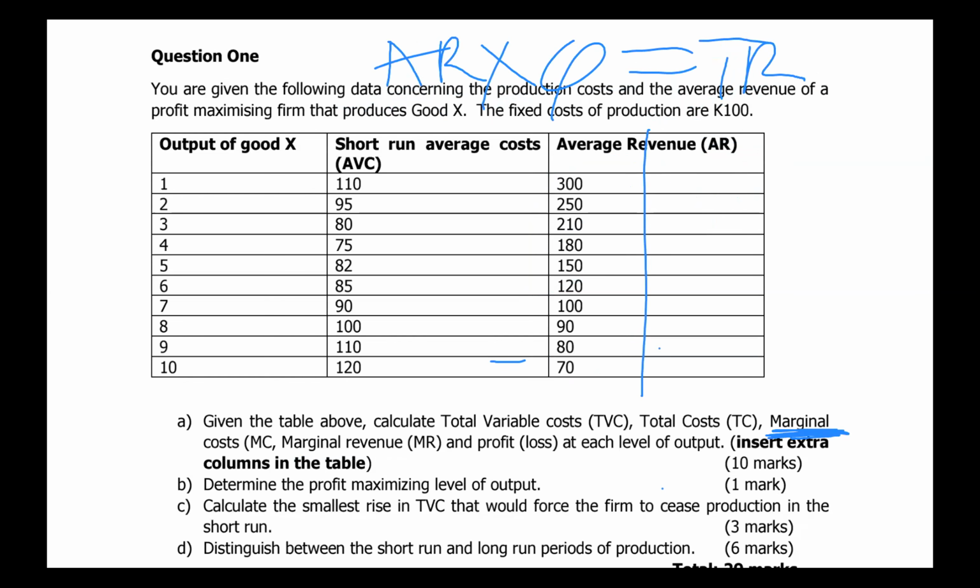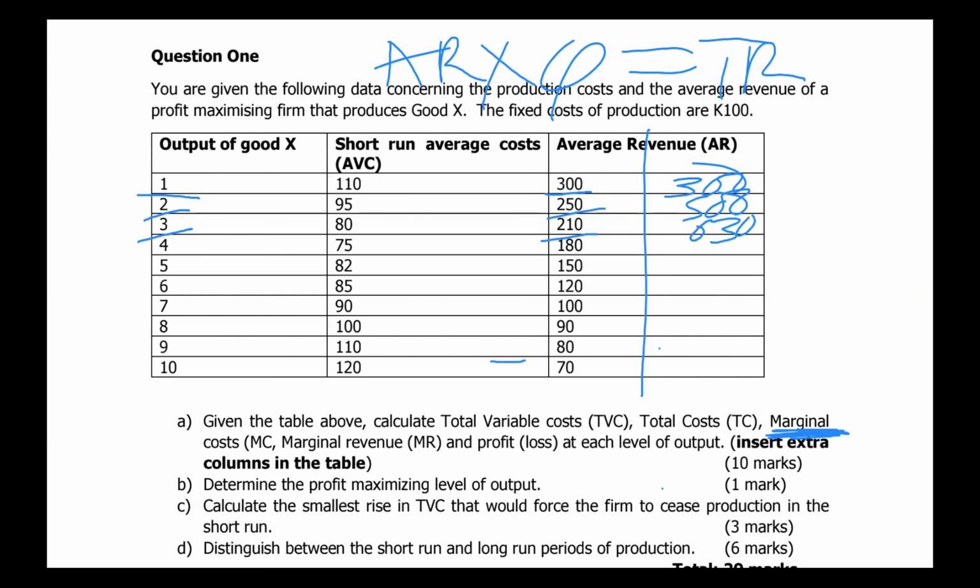The first one will be 300, right? Output 1 times the average revenue 300, 300. 2 output times that is 500. 3 times what is our output? 210. What is 3 times 210? 630.